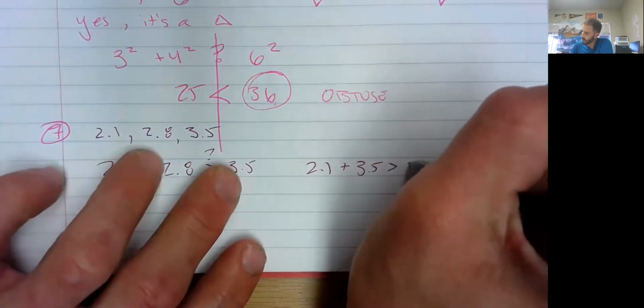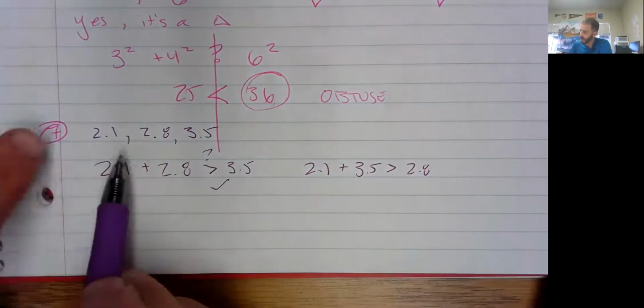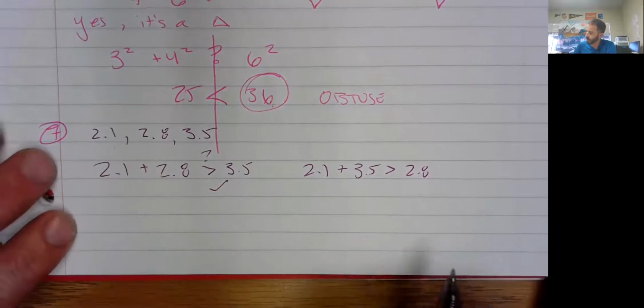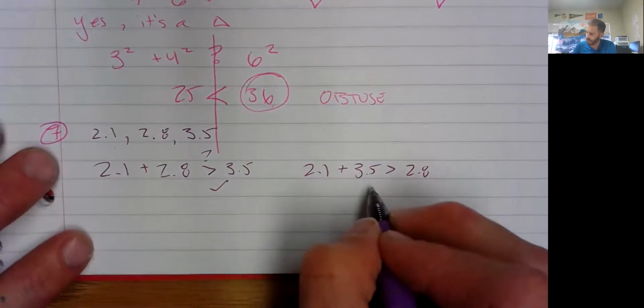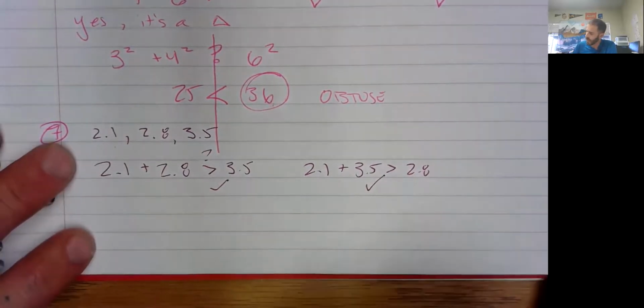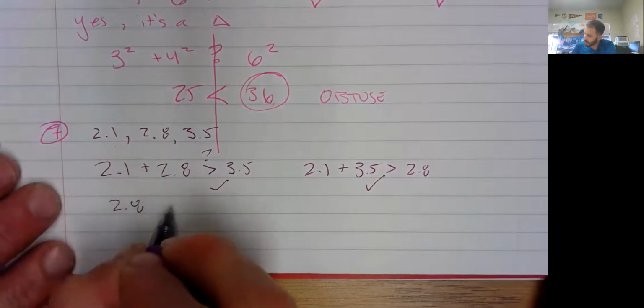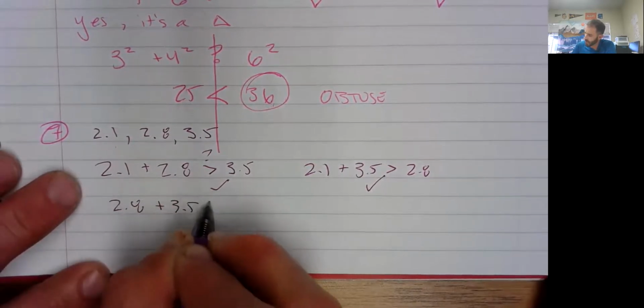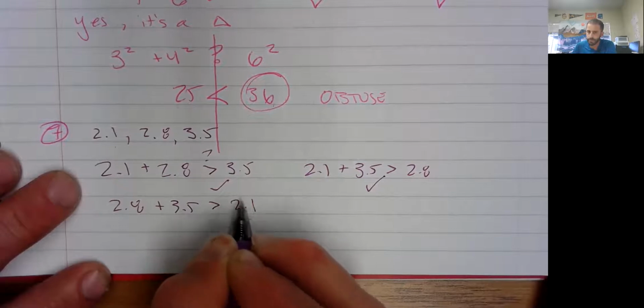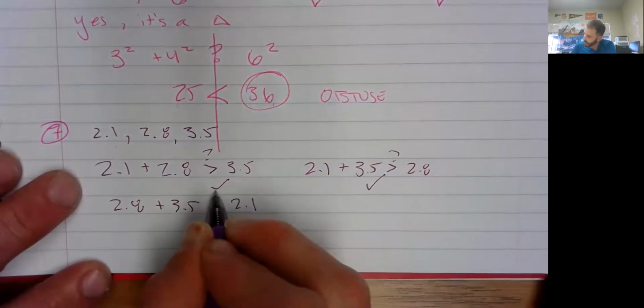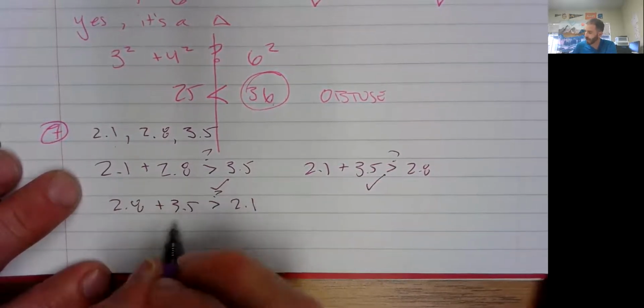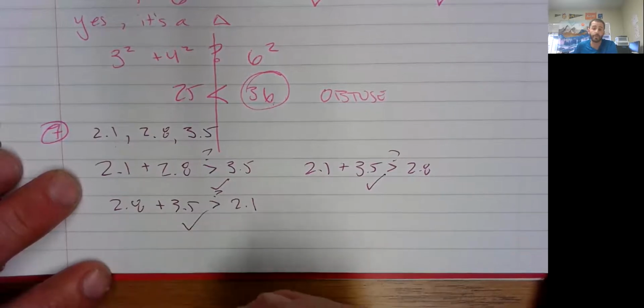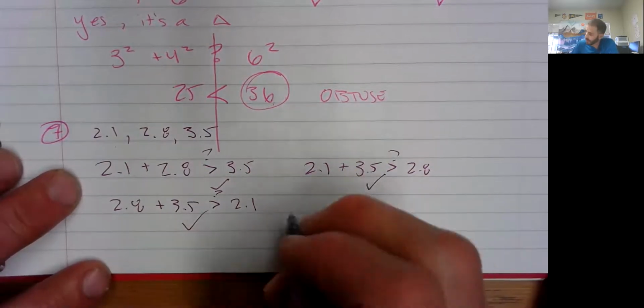You just have to make sure you get all the combinations. Is 2.1 plus 3.5 greater than 2.8? Well, 5.6 is definitely greater than 2.8. Is 2.8 plus 3.5 greater than 2.1? Yeah, 6.3 is definitely greater than 2.1. Okay, definitely a triangle.